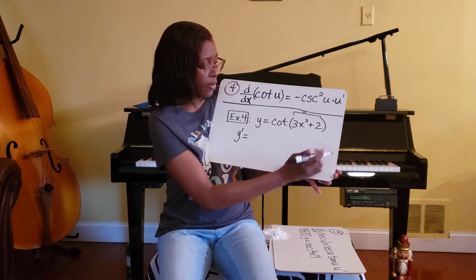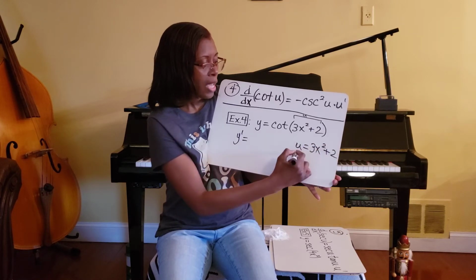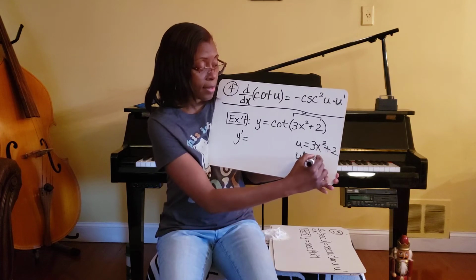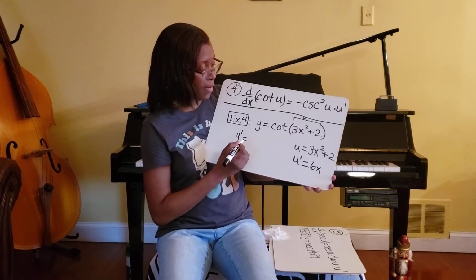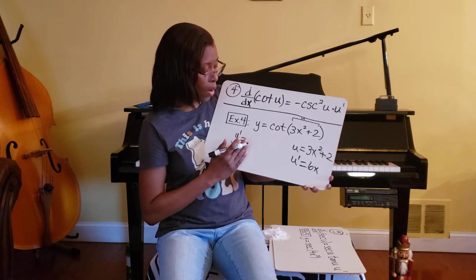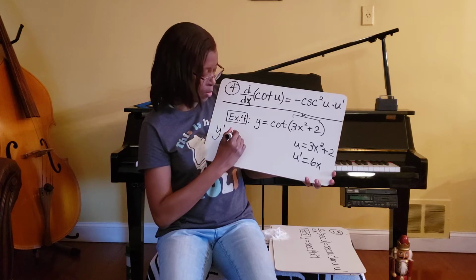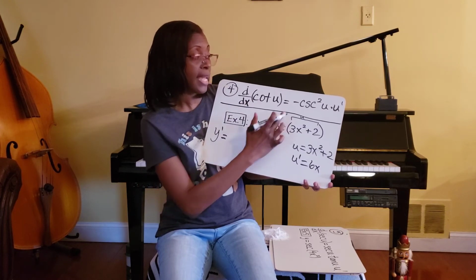If I were to write it out, I would write u equals 3x squared plus 2. If I write u prime, the derivative of that is 6x. The derivative of 2 is just 0. So now we have to rewrite it. So our answer is y prime equals, if we have cotangent, the derivative of cotangent is what?